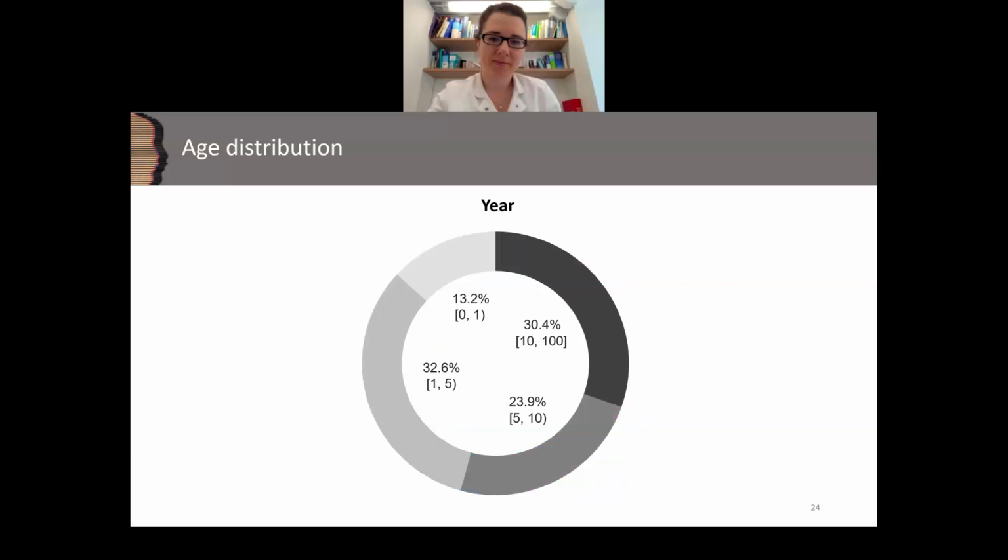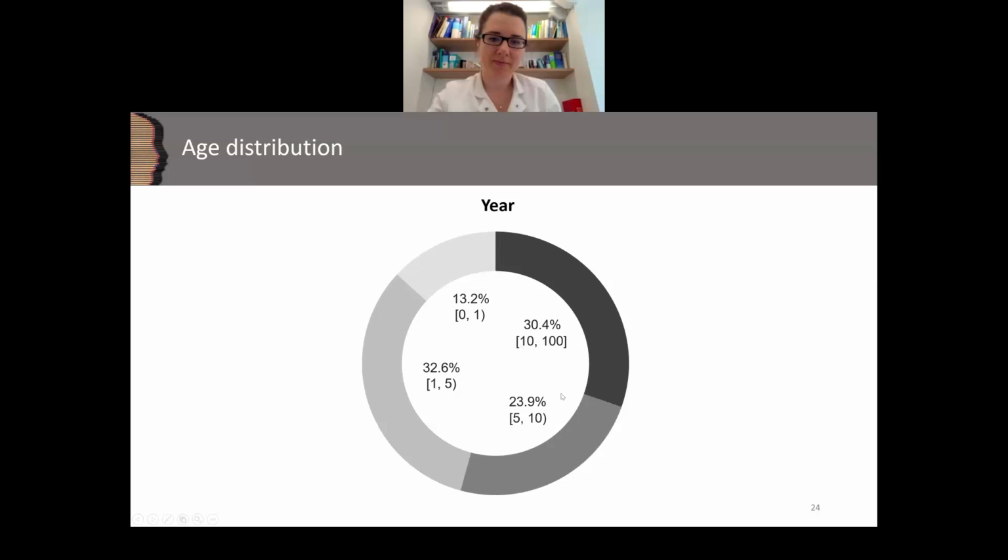The second one we might want to see is the age. Usually a rare disorder is diagnosed when the patients are relatively young, because the symptoms of the disease already develop at relatively young ages. So here we can see that the majority of the data comes from ages below 10.